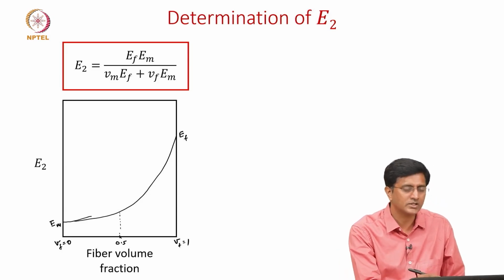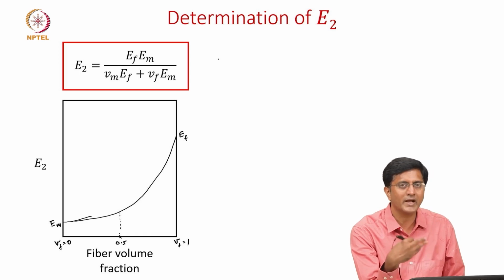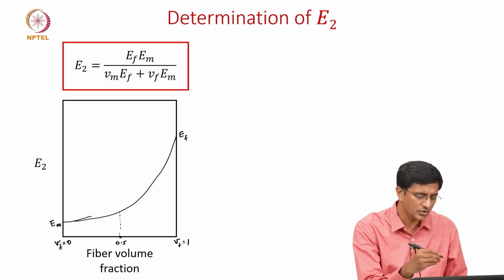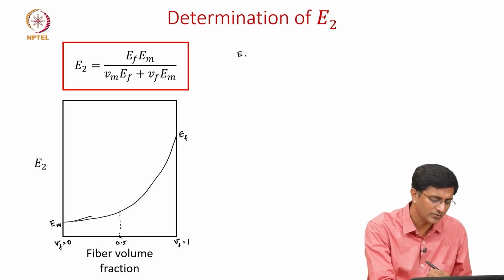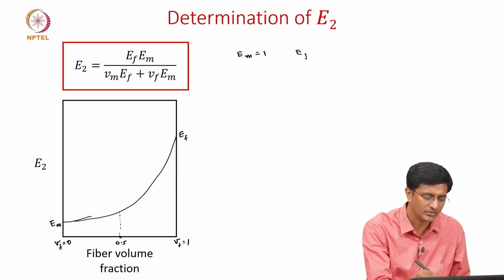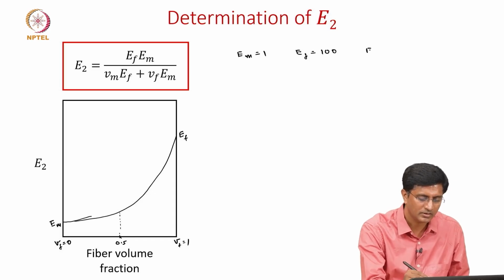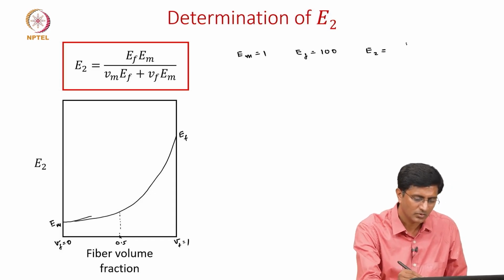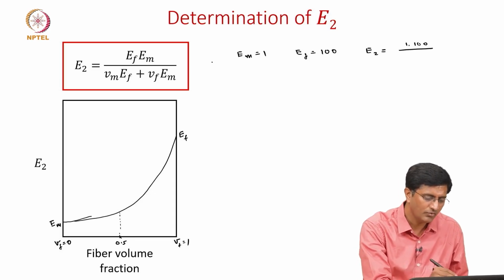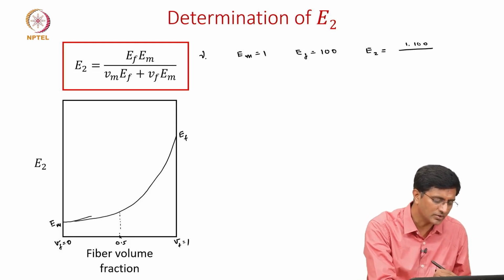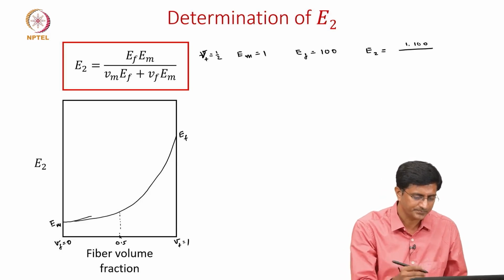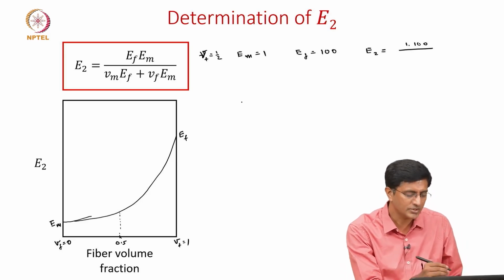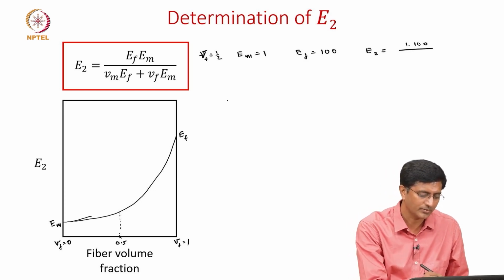So here too, let's ask the same question, whether it is matrix dominated or fiber dominated. Again, we'll follow the same kind of example we have done previously, where we said EM is equal to 1, EF is equal to 100, and here E2 should be written as 1 times 100 by, with the volume fraction of fibers as half, because practical composites have volume fractions close to half.